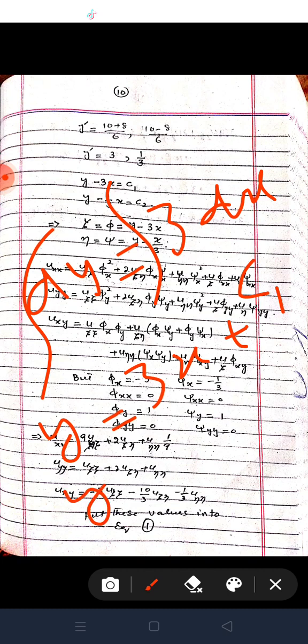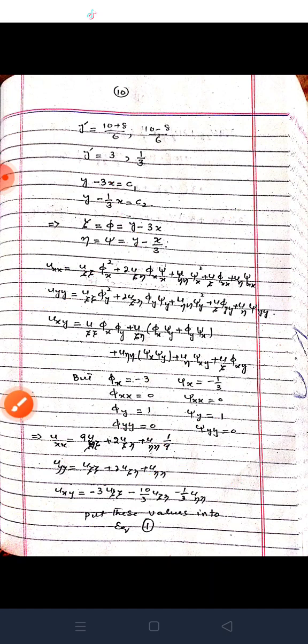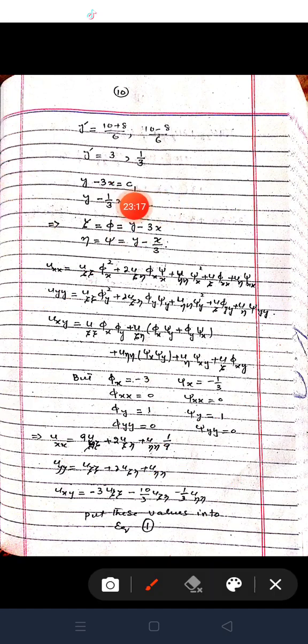So y minus 3x is equal to c1. This will be our zeta. Similarly, we get 1 over 3 and we get our eta, psi.